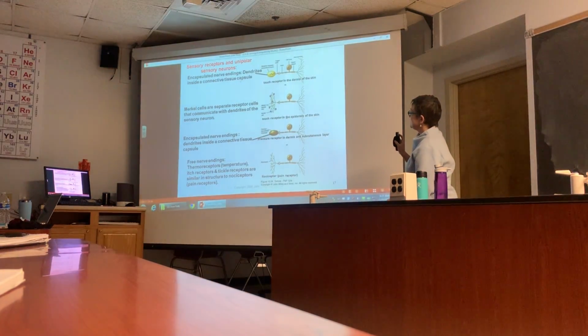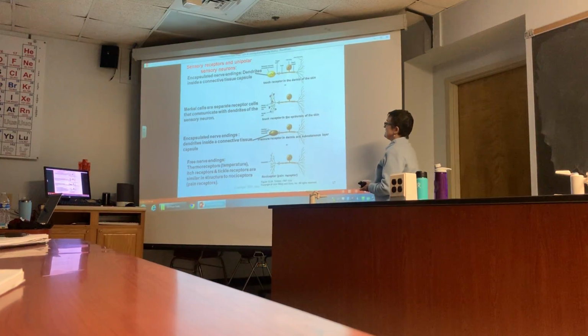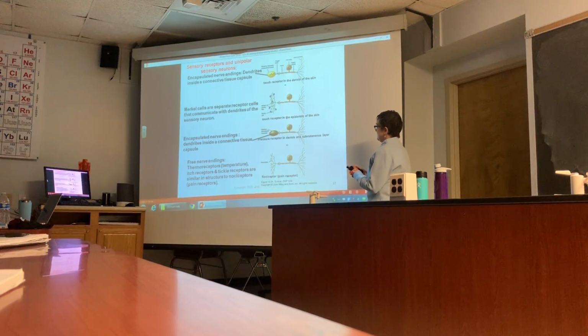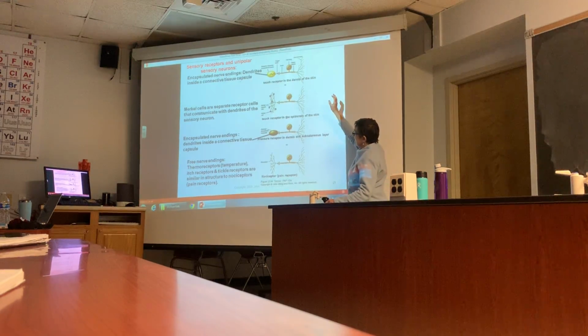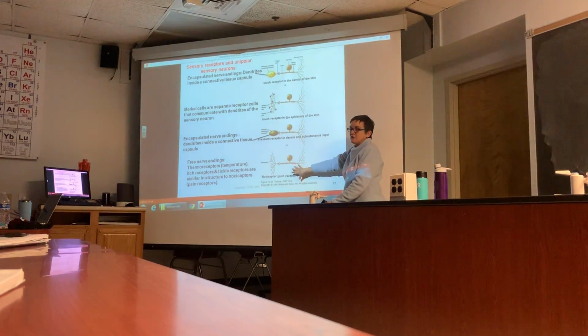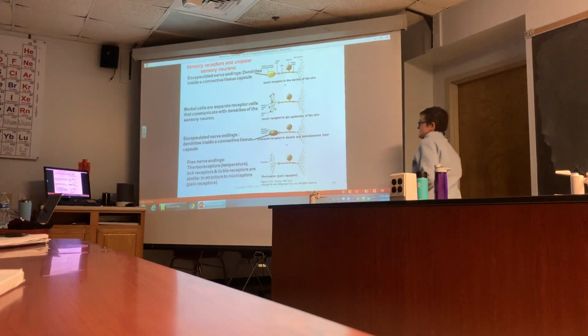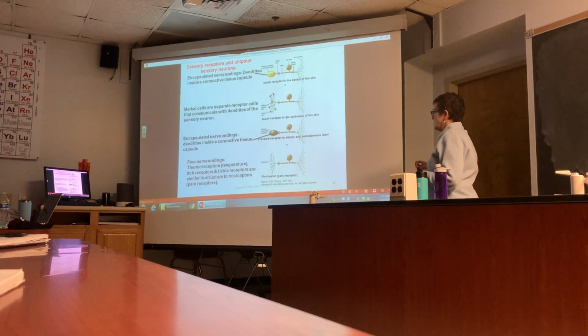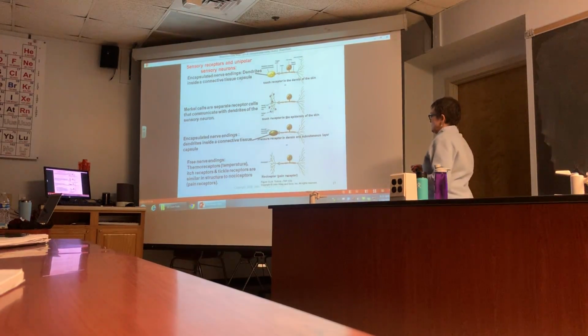So this again is a picture just to reiterate, and we're going to be seeing these in the skin in a minute. At the bottom is a free nerve ending. This would be the first type in that list. These are the bare dendrites in the skin, sensing things like temperature, itching, tickling, and pain.